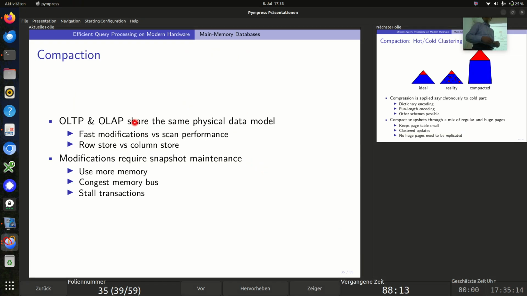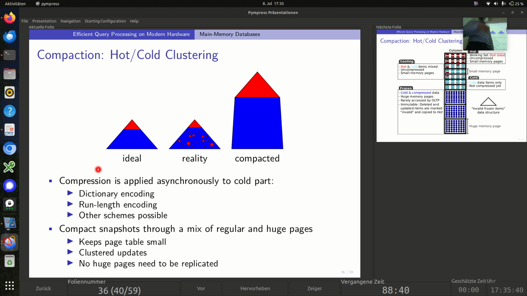Okay, so the idea is, let's compactify the data. But how can we? So how can we apply compaction to data? We have the same data model, we have fast modification, and now we want to use less memory, and how can we do that?